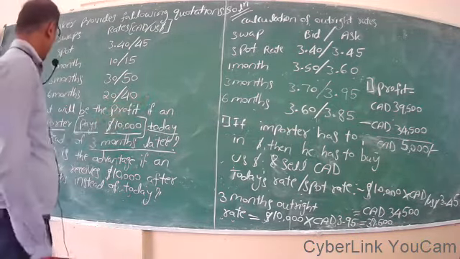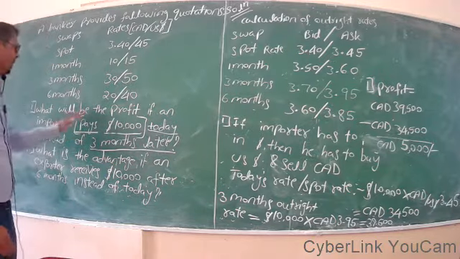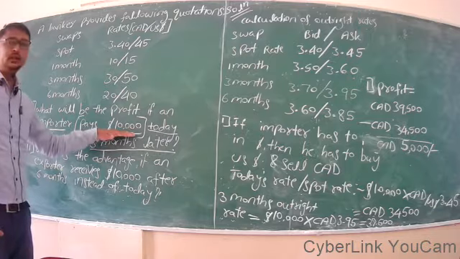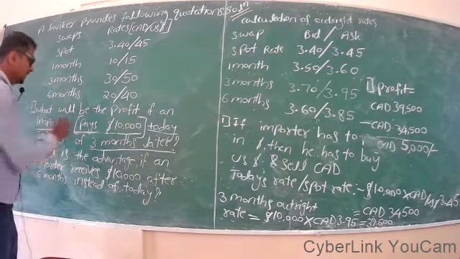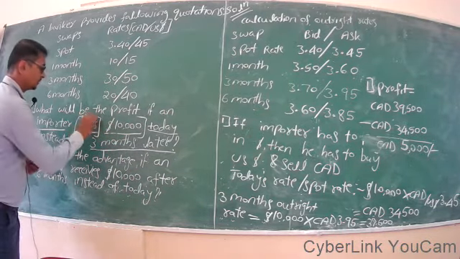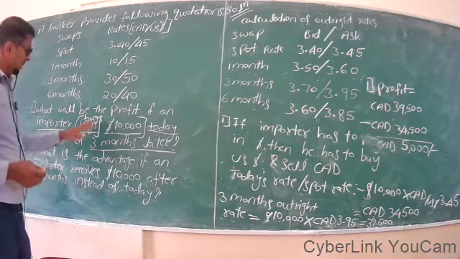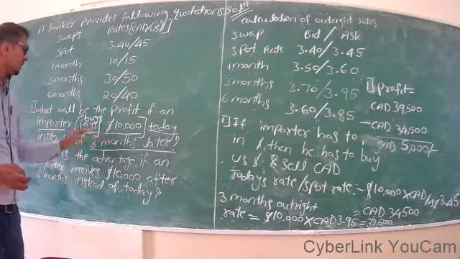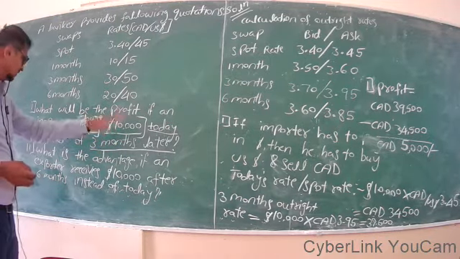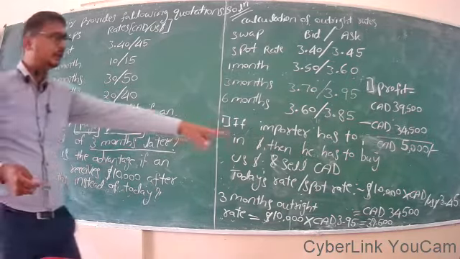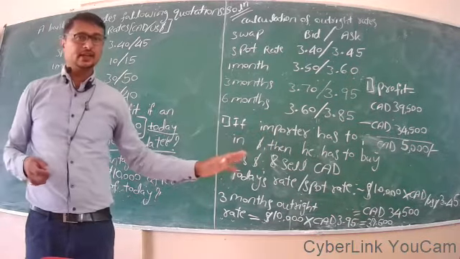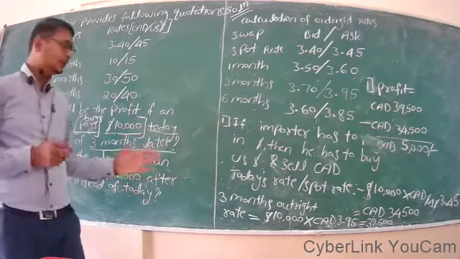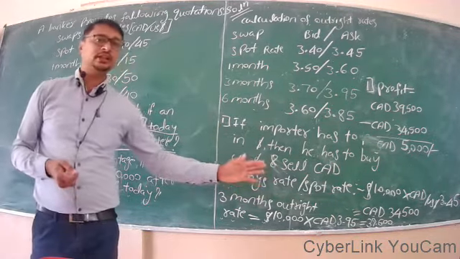By spot contract. So the first question was, what will be the profit if an importer pays 10,000 US dollars today? Pays in the sense buys. To pay $10,000, he has to buy the 10,000 US dollars. To buy $10,000 today, he has to pay 34,500 Canadian dollars. Instead, if he buys after 3 months, he has to pay 39,500 Canadian dollars.